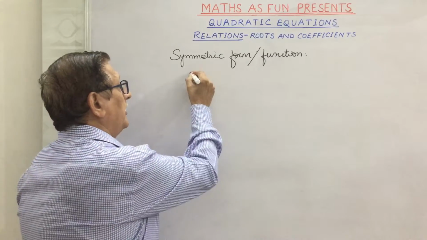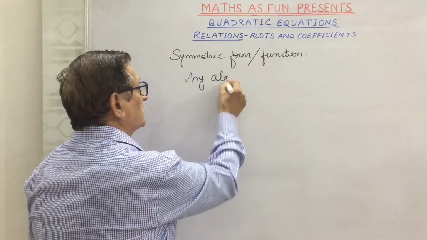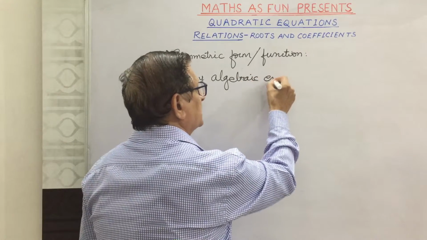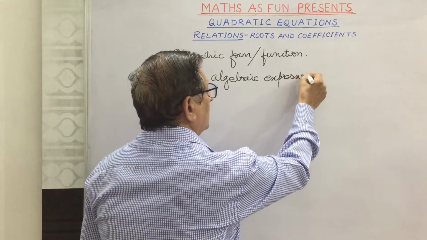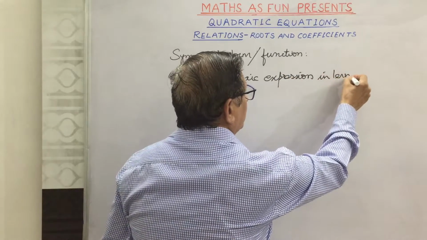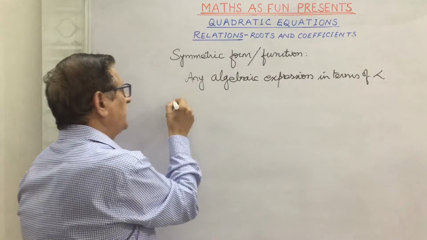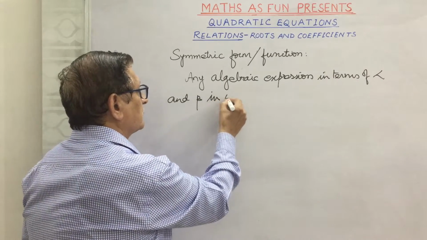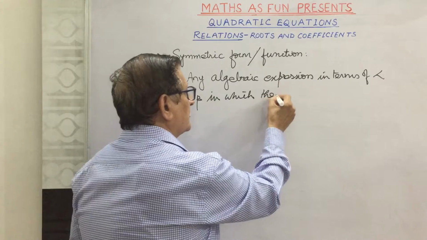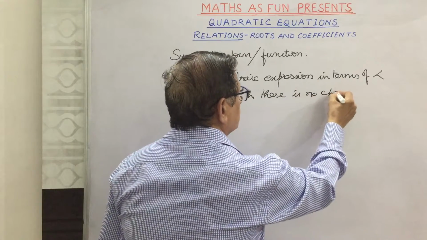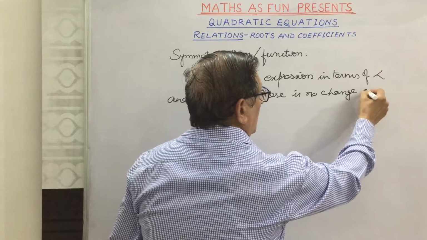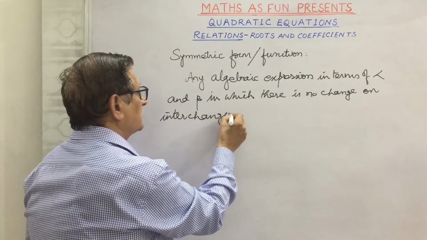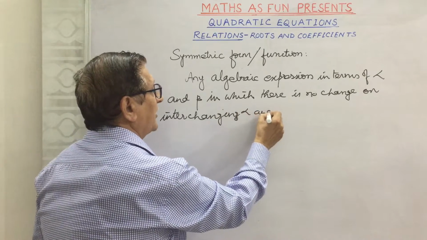We see, any algebraic expression in terms of alpha and beta, in which there is no change on interchanging alpha and beta.